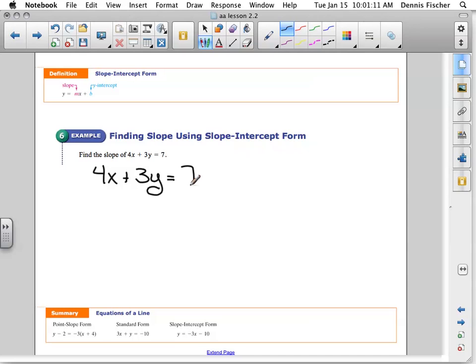Write them down. Find me the slope and y-intercept.